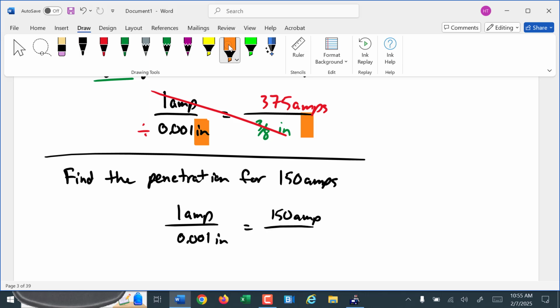Whatever units are on the left side have to match the right side, so we have amps on top, so we have to put the amps on top on the right side as well. And we'll cross multiply and divide. 0.001 times 150 divided by 1 is 0.150 inches. Now, some of you are probably recognizing a pattern, or if you do this often enough, you'll see it's just moving the decimal point 3 spots is all it really is.